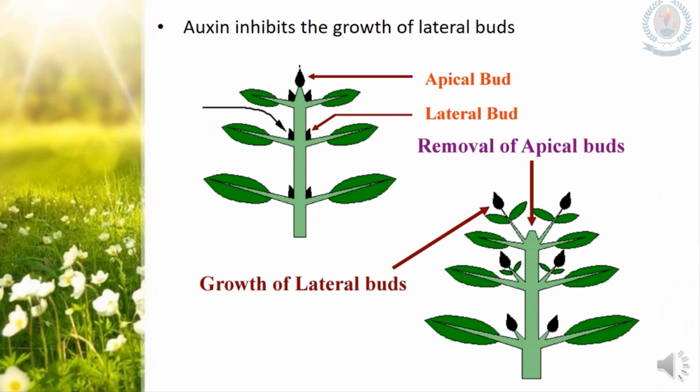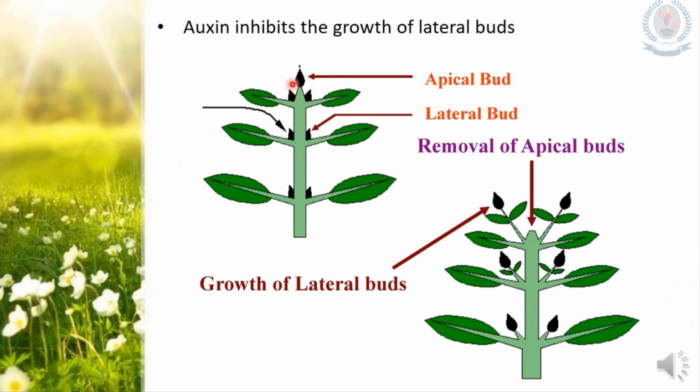Auxin inhibits the growth of lateral buds. We'll see how. This is called the apical bud, and these are the lateral buds. Lateral buds you get at the base of the leaf. When the apex is getting sunlight directly, what happens?